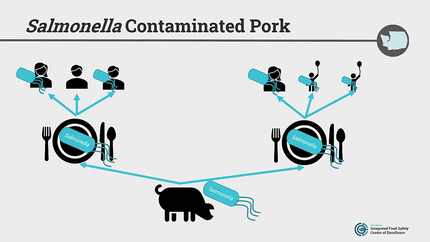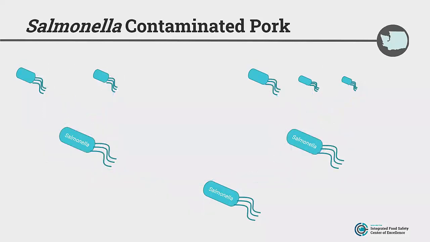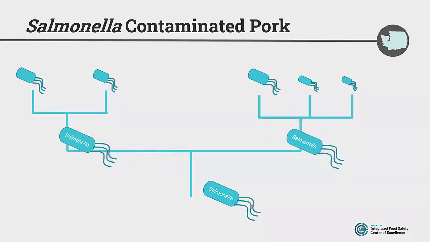And our little bacteria there indicate that 5 out of the 6 people become ill with the salmonella from this contaminated pork. And if we reframe those lines that we saw tracing the movement of the pork, the contaminated item, through the food chain from farm to meal to person, and square those off, you can see that it starts to look more like a phylogenetic tree.